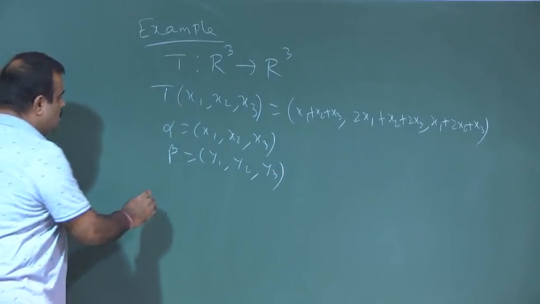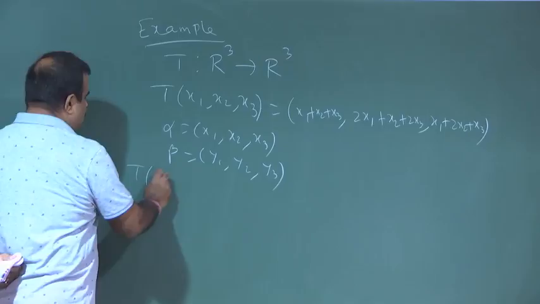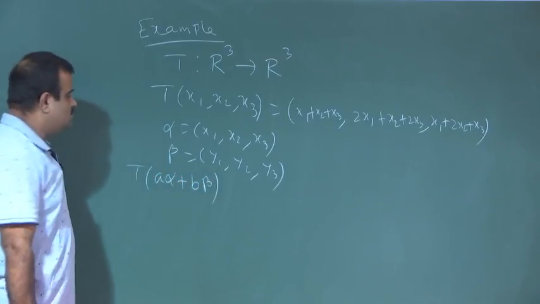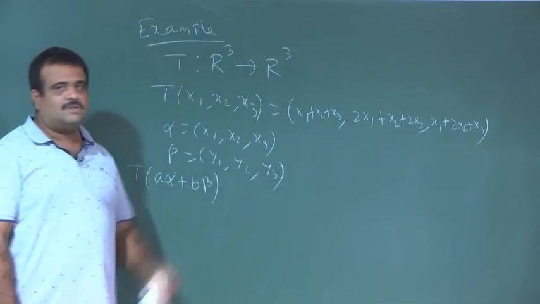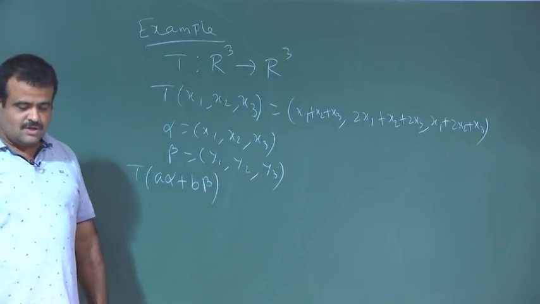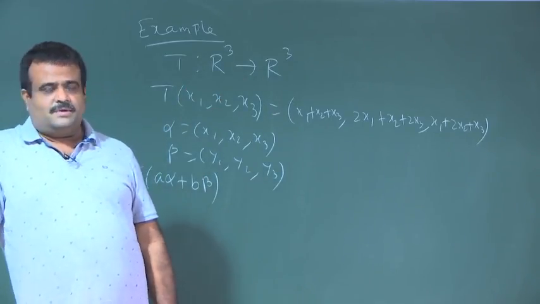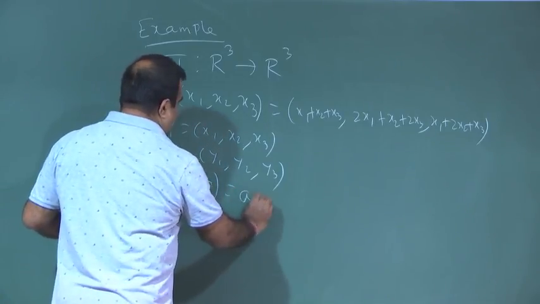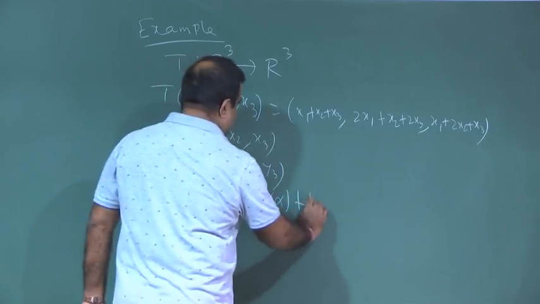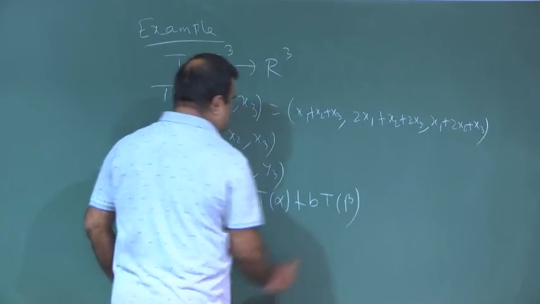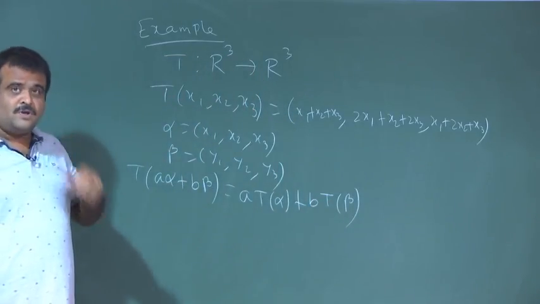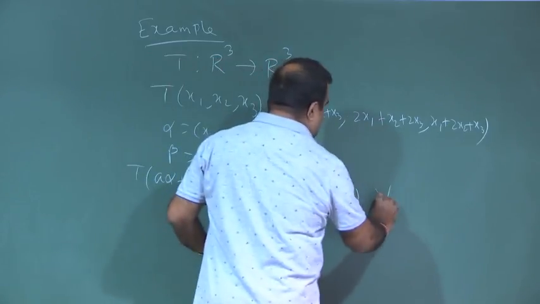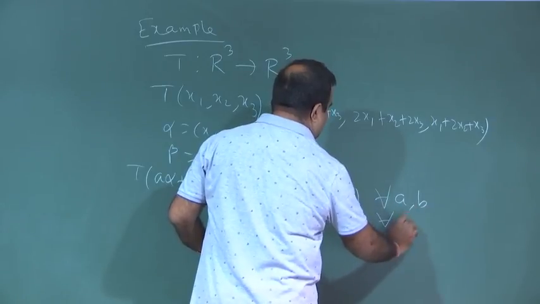We need to show T of A alpha plus B beta, where A, B are two scalars, scalar meaning real numbers since this is over the real field. We have to show this equals A T alpha plus B T beta. If we can prove that for all A, B and for all alpha, beta, then we are done.